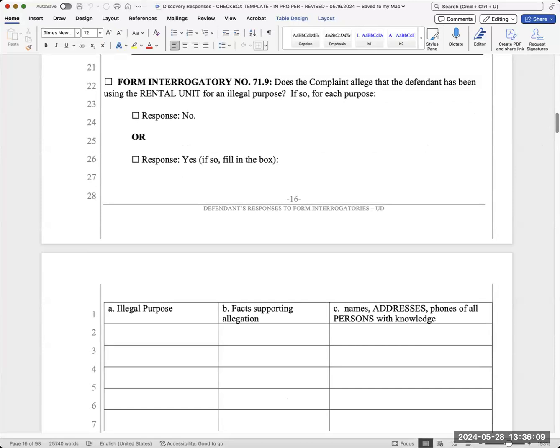71.9, does the complaint allege that the defendant has been using the rental unit for an illegal purpose? If so, for each purpose. This question isn't often alleged and therefore not often checked.